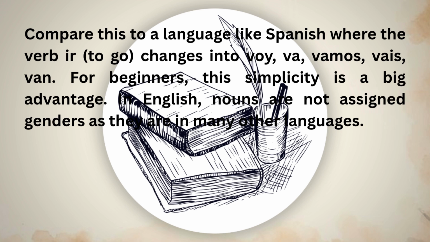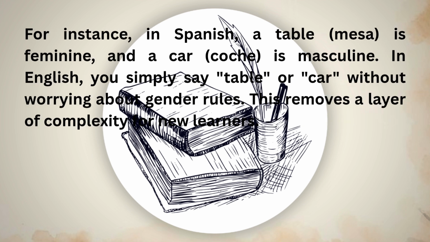In English, nouns are not assigned genders as they are in many other languages. For instance, in Spanish, a table, mesa, is feminine, and a car, coche, is masculine. In English, you simply say table or car without worrying about gender rules.